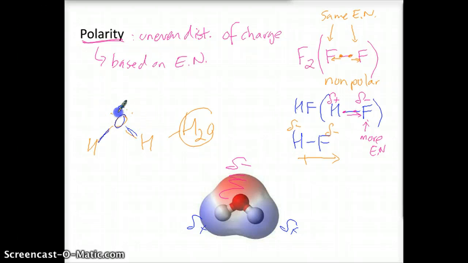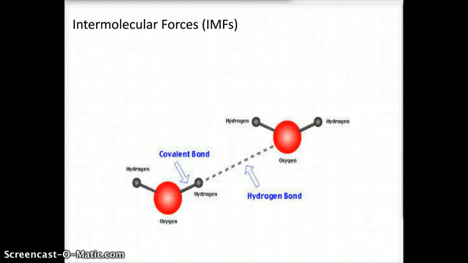As a result, it's going to have a slight negative charge, and these hydrogens will have a slight positive charge, giving oxygen a dipole in this direction, towards the oxygen. That is called a dipole moment, the arrow. All polar molecules, so this would be polar, and this would be polar, have dipole moments, permanent dipoles.